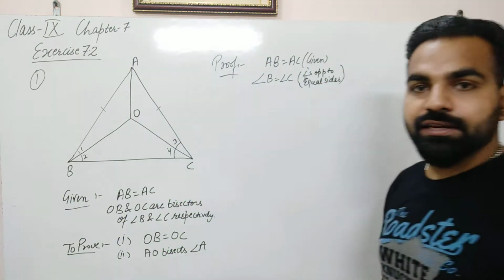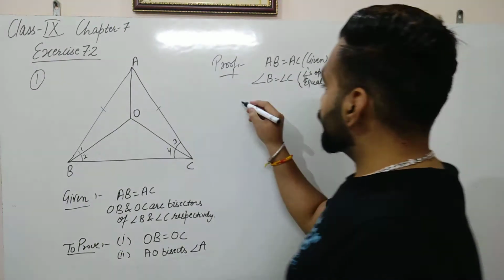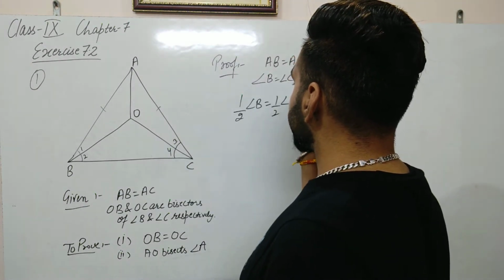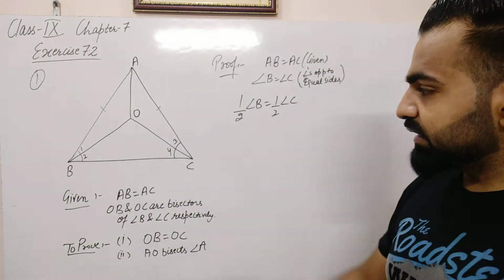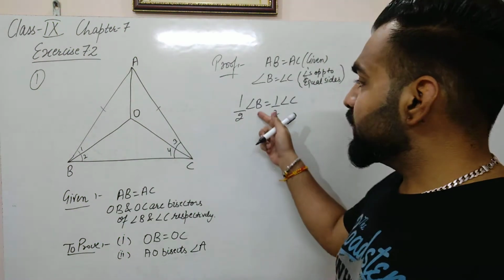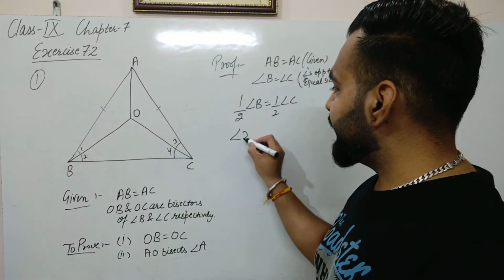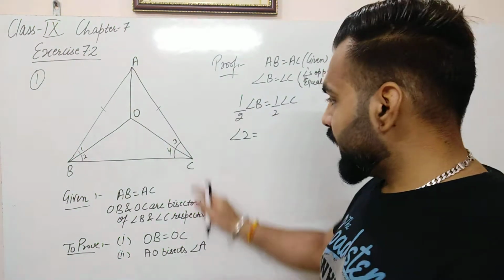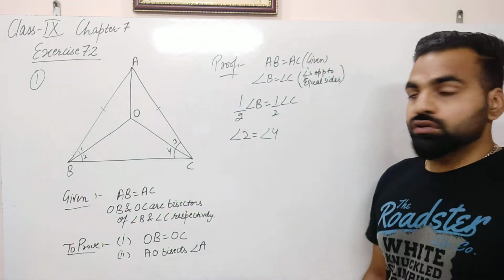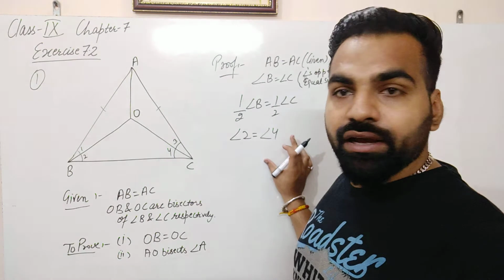Now take the half of these angles. Half angle B is equal to half angle C. Since the angles B and C are bisected here by OB and OC, half angle B we can write here as angle 2 and half angle C we can write as angle 4. So angle 2 will be equal to angle 4.